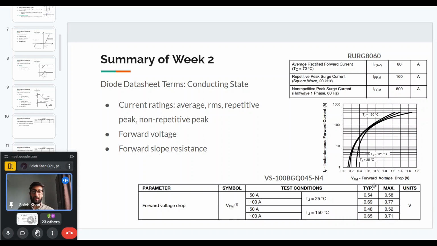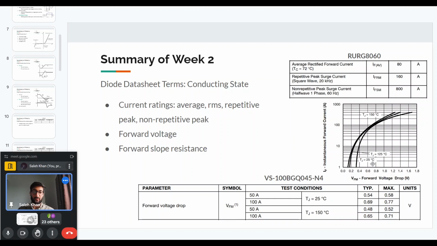And as the current increases, the forward voltage drop also increases. This is similar to the VI characteristics that we saw, but here the current is given in a logarithmic scale. That is why the shape of the curve is different compared to what we saw as the VI characteristics of the conduction mode.